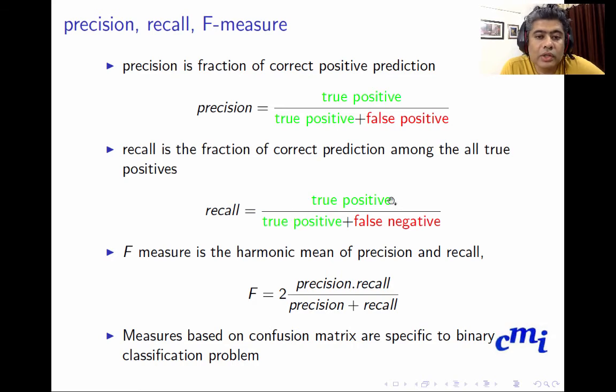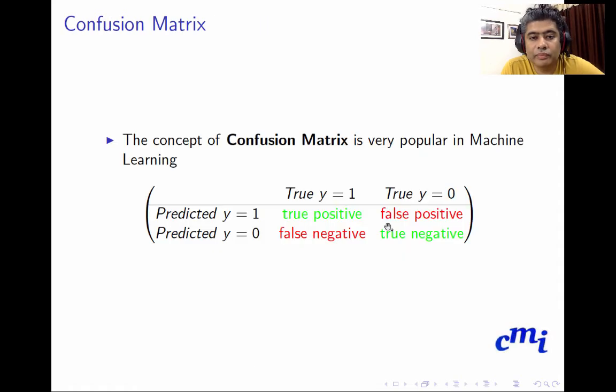Next is recall, which is true positive divided by true positive plus false negative. So out of the actual positives, how many are actually being predicted as positive?